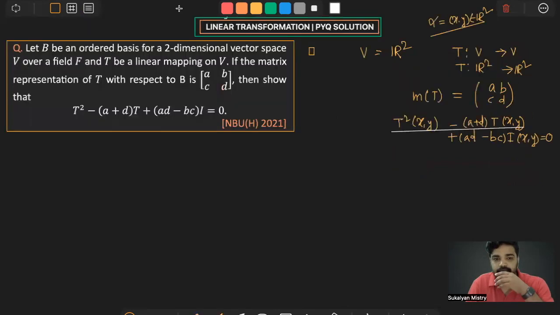Here it is given that the matrix representation is ABCD. So first of all, you know the solution.